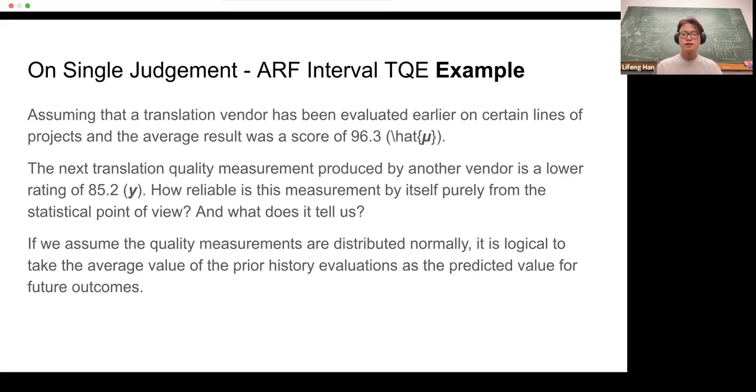How reliable is this measurement by itself, purely from the statistics point of view? And what does it tell us? If we assume the quality measurements are distributed normally, it is logical to take the average value of the previous history evaluations as a predicted value for future outcomes.